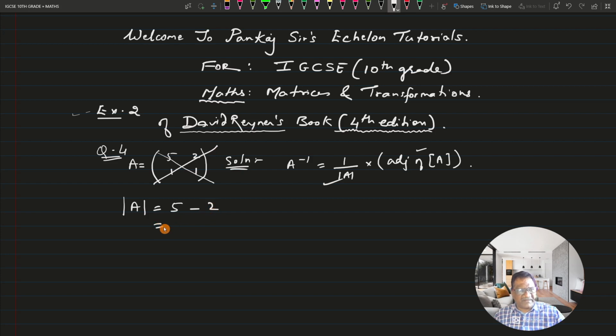So 5 minus 2 is 3. This is the determinant value of A.